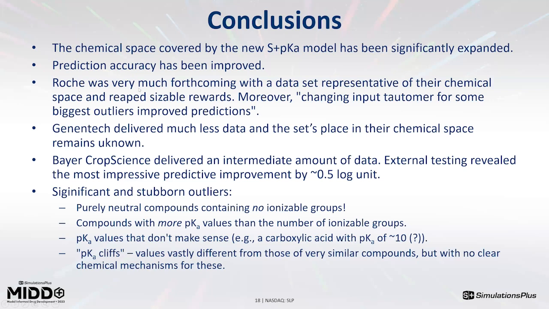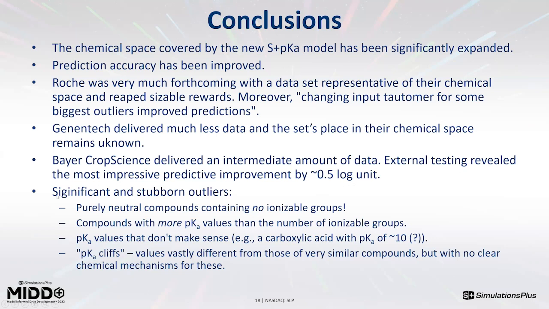So that was good. Genentech delivered much less data, and I'm not sure how similar it is to their external tests. I don't have that information. It would be nice to know. Now Bayer Crop Science, an intermediate amount of data, but the improvements in prediction quality were also the most impressive, okay, by about half a log unit.